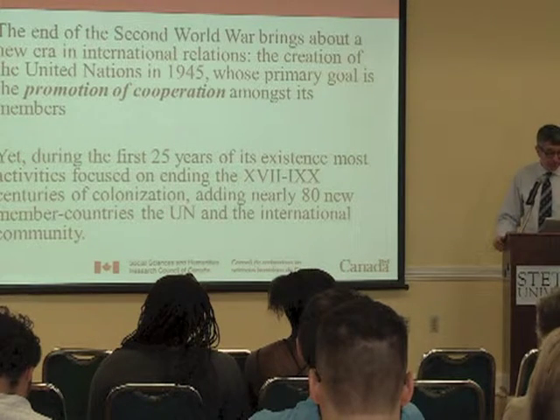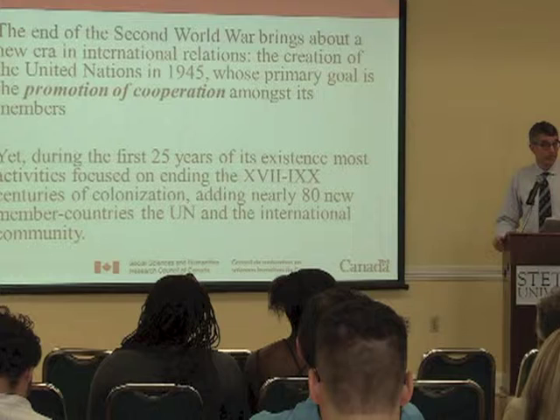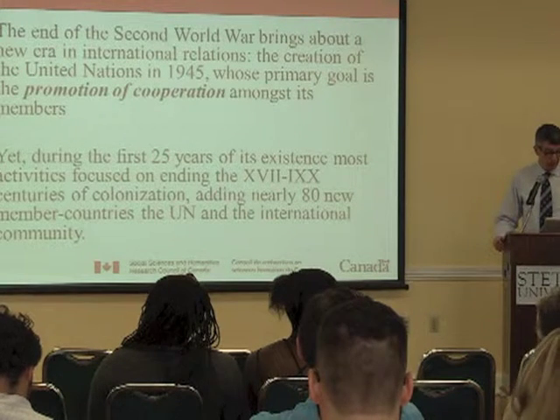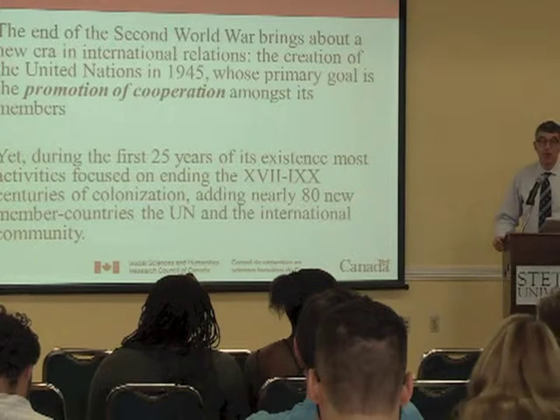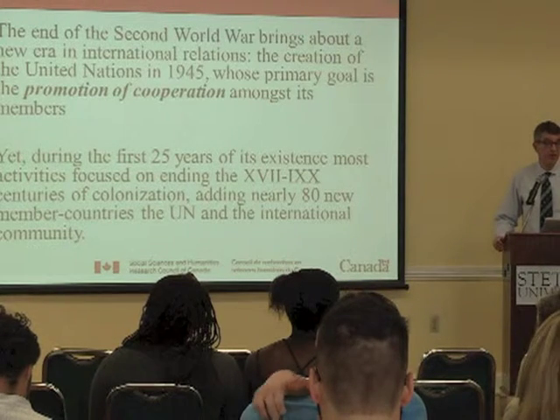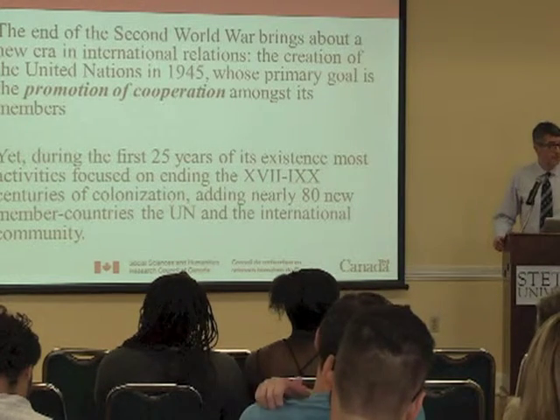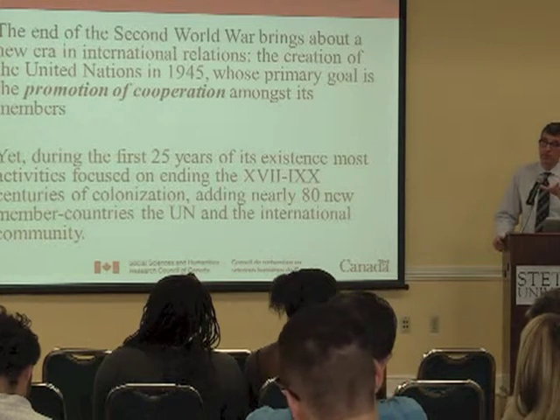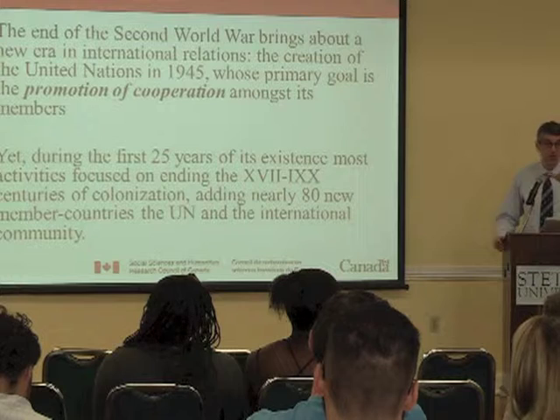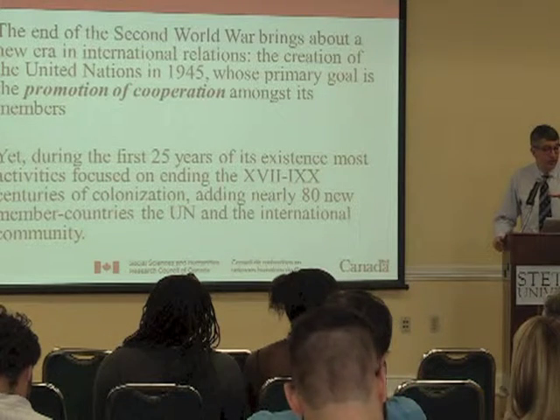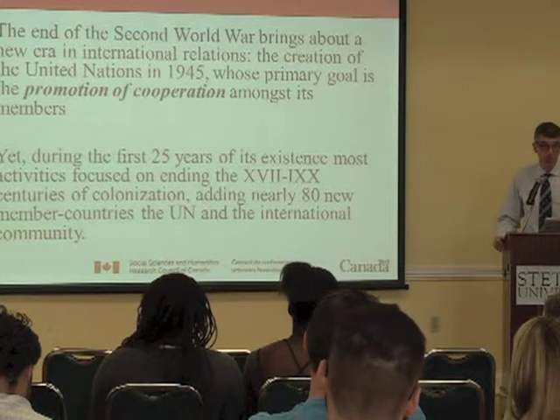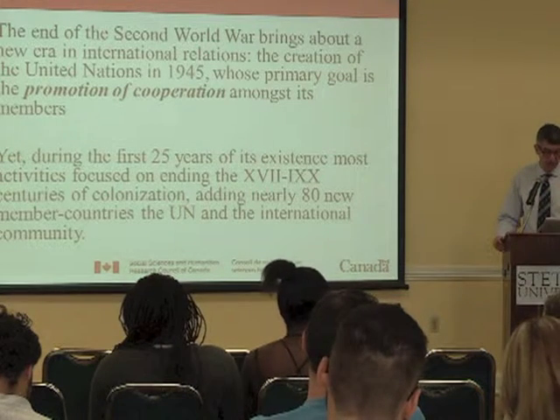Originally, we have a few states that create the United Nations. Probably about a little bit less than 60. And then when you look very carefully at the work of the United Nations, you have maybe 80 additional states that are decolonized on the principle of sovereignty and democracy.